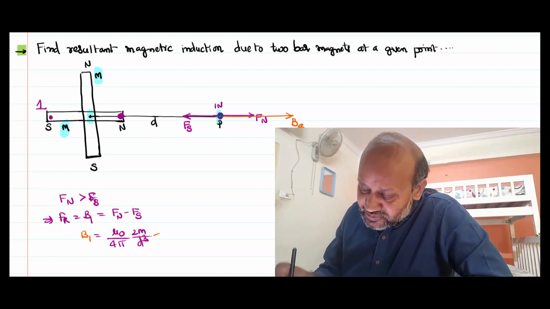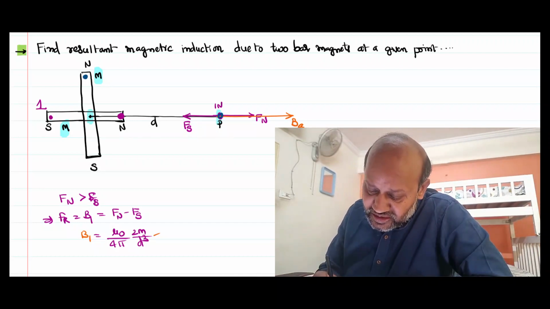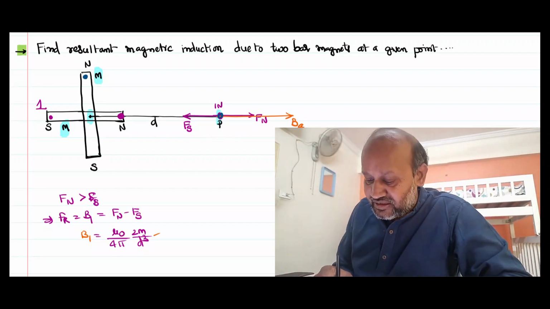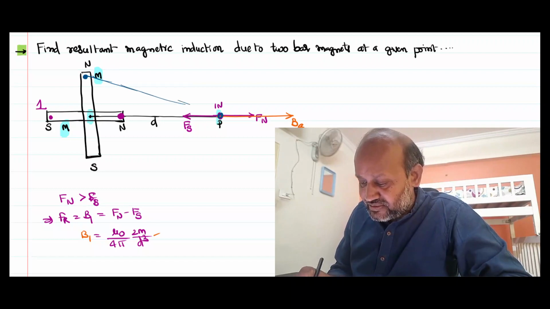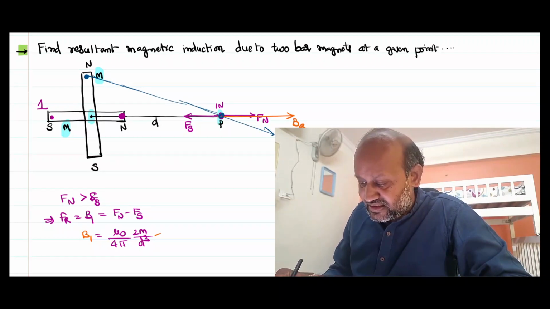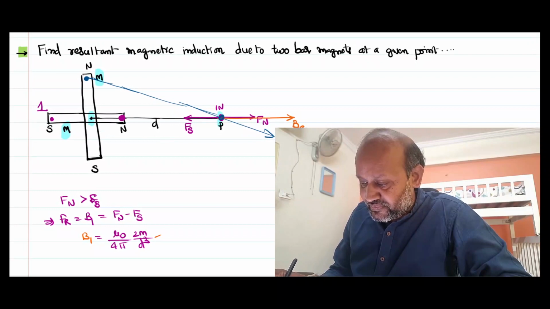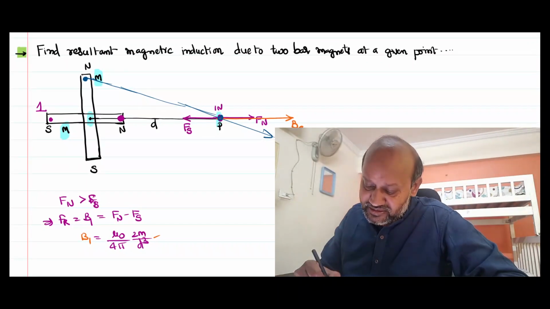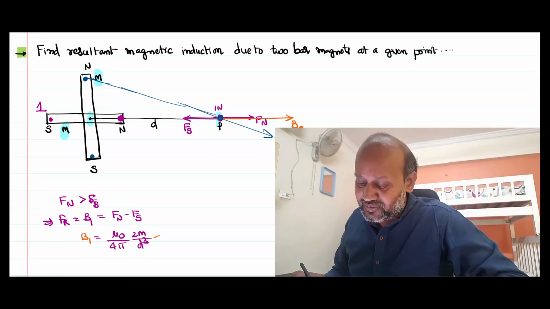On this north pole, the north pole applies a repulsion. So what's the direction? If you draw the line along the line of connection, this is the direction of force due to the north pole. Similarly, this is the south pole, an opposite pole.